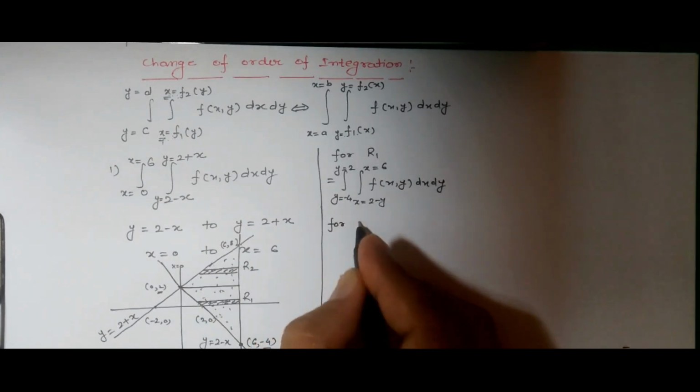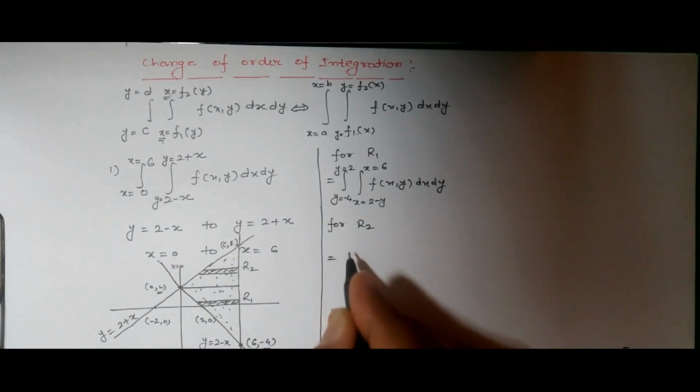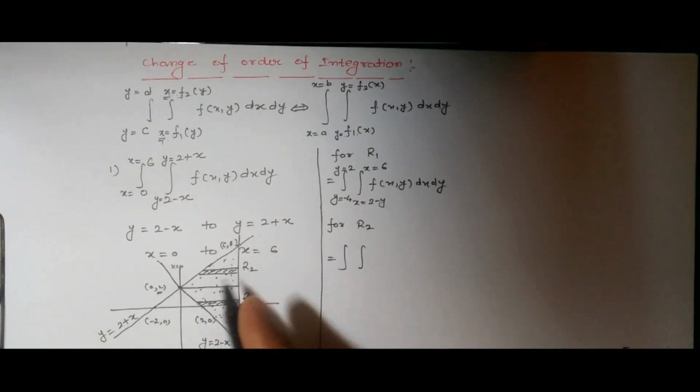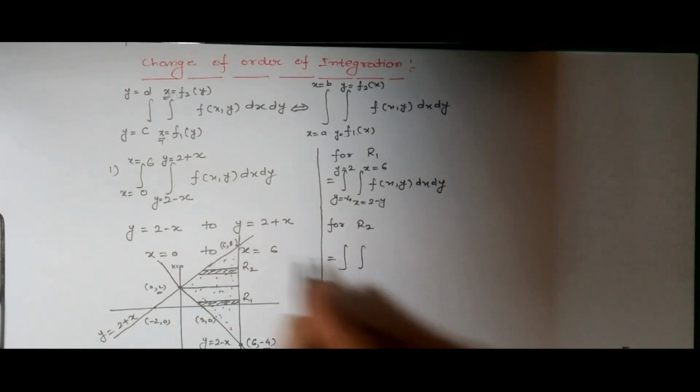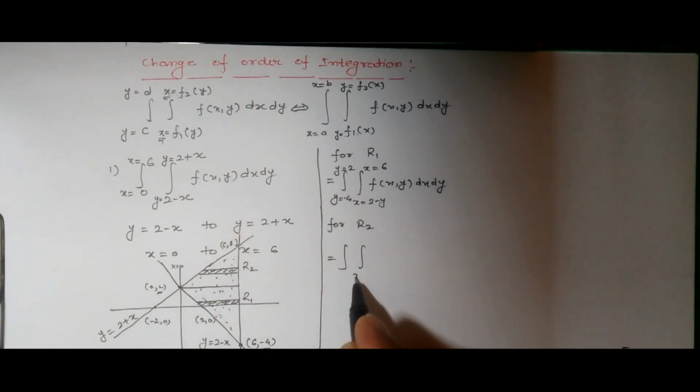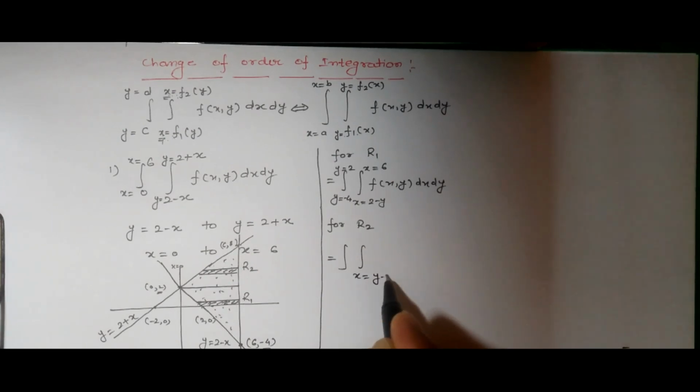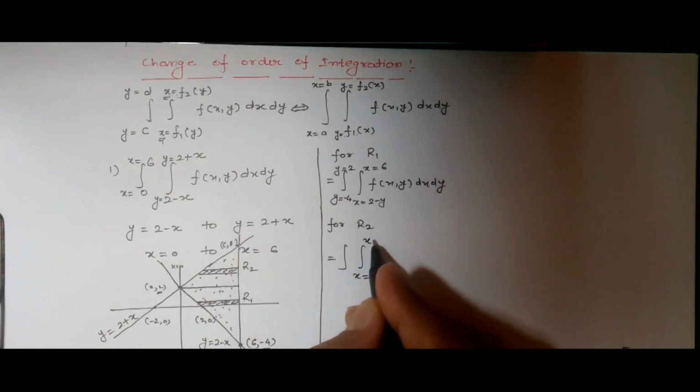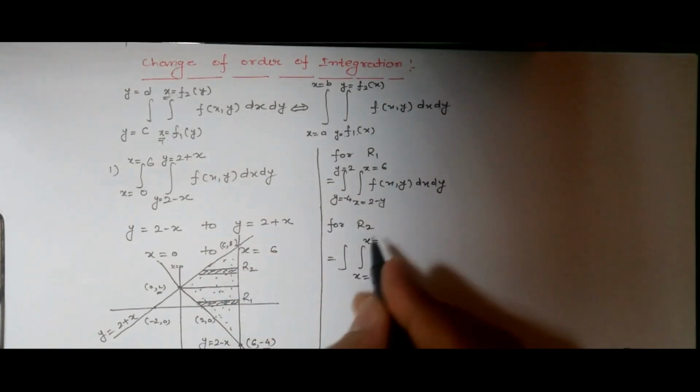Now for R2, your horizontal strip starts from this curve, and on this curve the equation is x is y minus 2, and goes to x is equal to this line, 6.